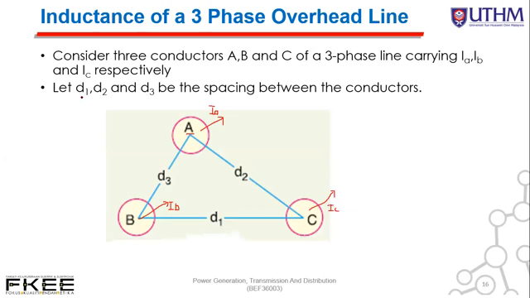Let D1, D2, and D3 be the spacing between the conductors. D1 is the space between B and C, D2 is the distance between A and C, while D3 is the distance between A and B.